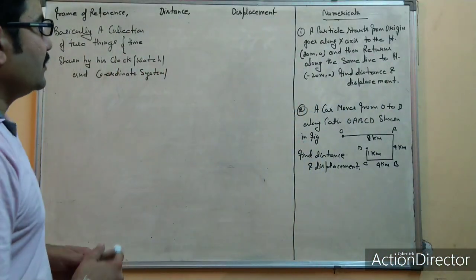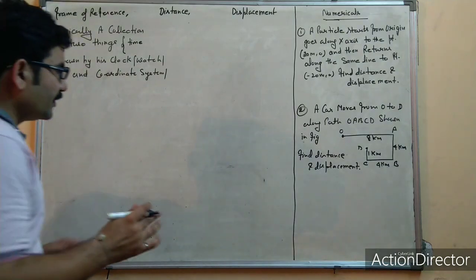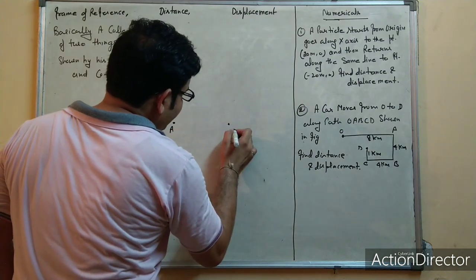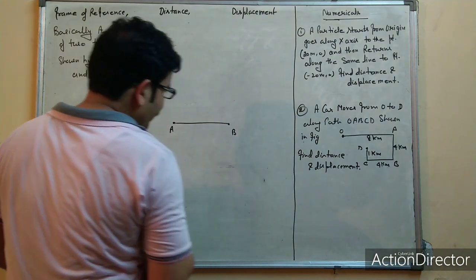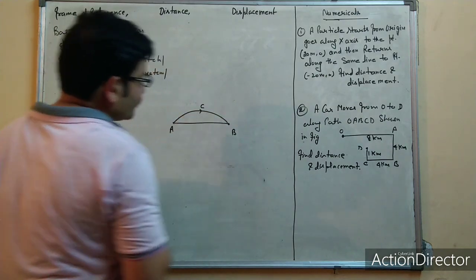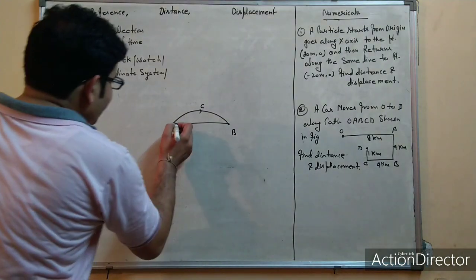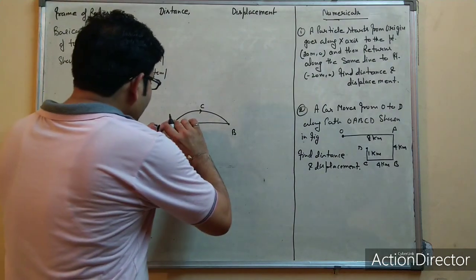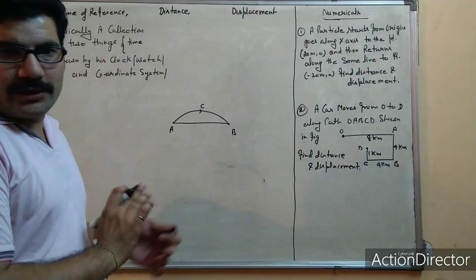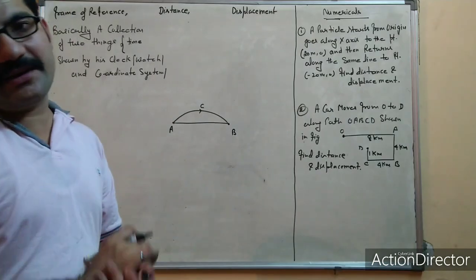Now what is distance? To understand the concept of distance and displacement, I am going to draw a figure. Let A and B be two points, and a body travels from A to B via point C. Here, this is the total path. This is the total path covered by the body between two locations in a finite time.